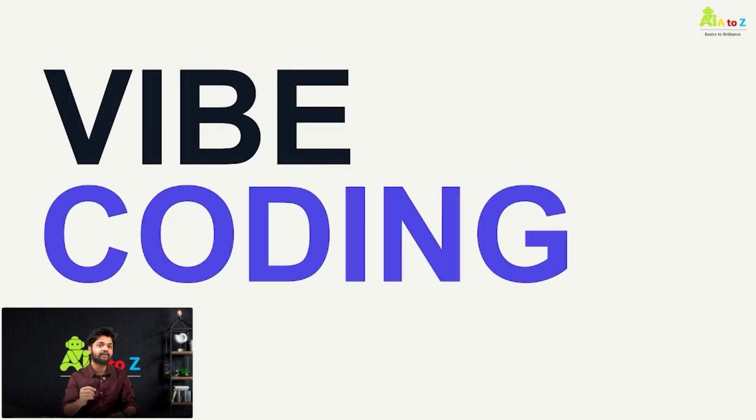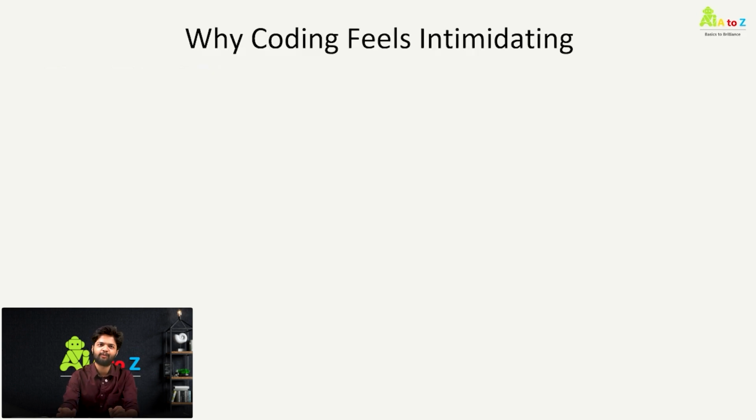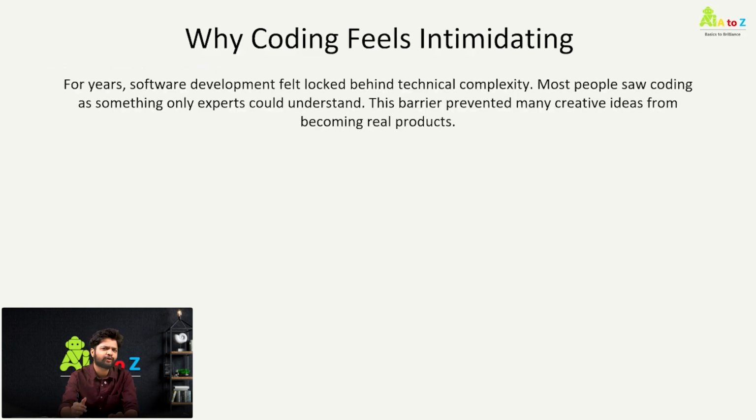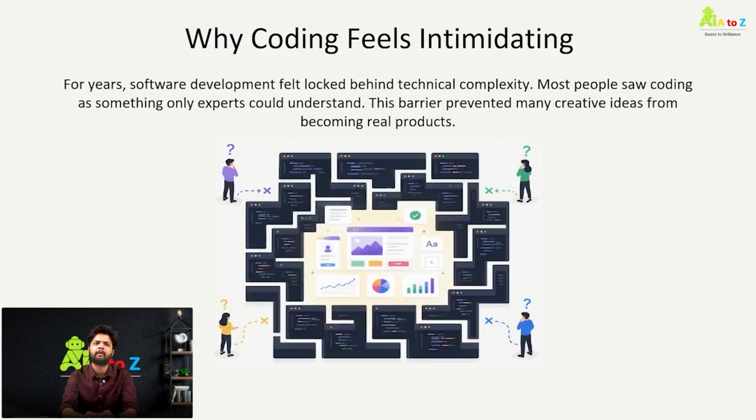But before we start using AI tools, it's important to understand why building software has traditionally felt difficult in the first place. For many years now, software development felt out of reach for a lot of people. Most people didn't look at an app and think, I can build that. Coding often seemed like a skill reserved for experienced developers who understood programming languages, frameworks, databases, and many other technical concepts. And building software could feel like navigating through a maze.